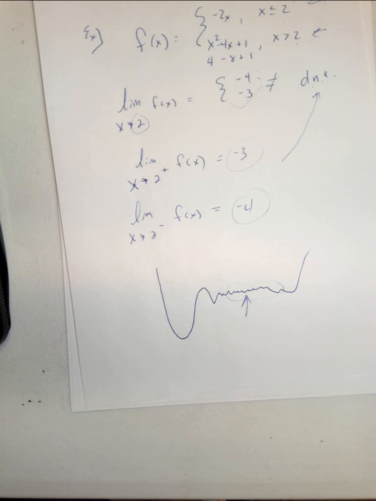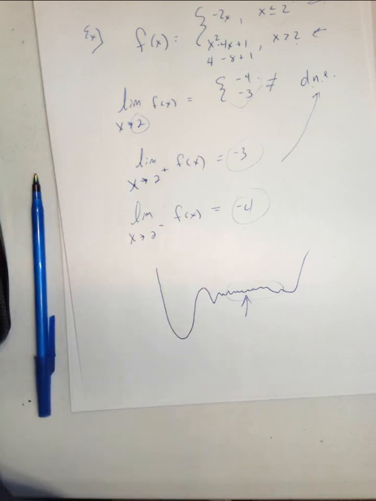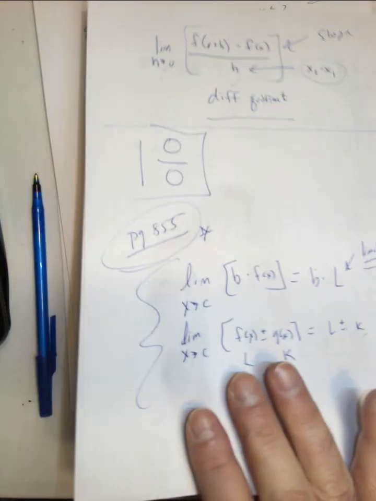And in section 12.1, you're just going to go ahead and use a table, use your calculators to find the value that you're approaching. Or it's going to be something over 0 where it's asymptotic and no limit. Or you get something funky like this. Okay? And that is the end of section 12.1.